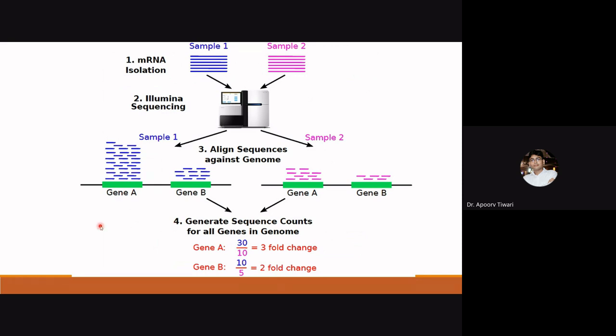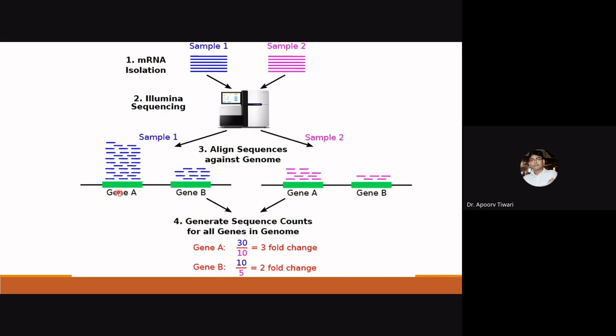Suppose it is an example. You can see sample 1 and sample 2, and we are going to sequence these samples. After sequencing, we have got the reads. These are the reads, and this is gene A and gene B of sample 1. This is gene A and gene B of sample 2.